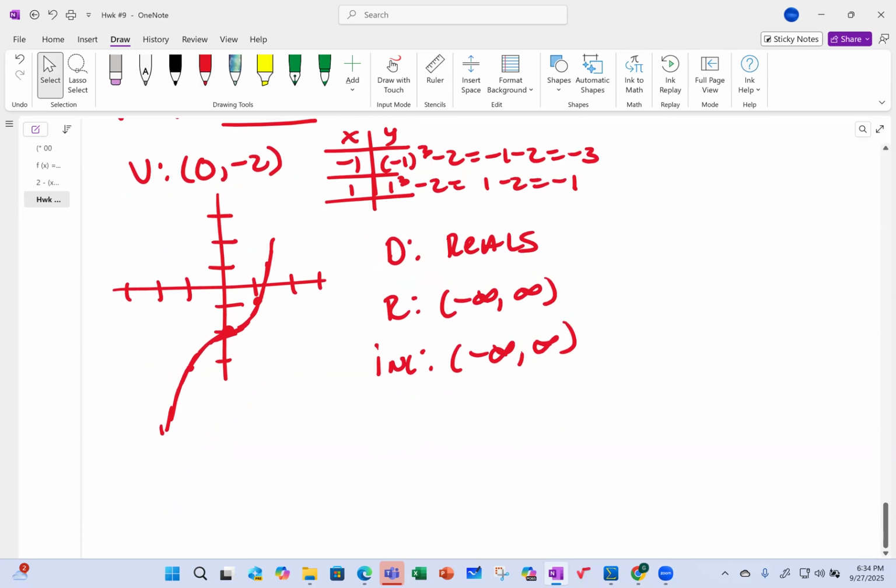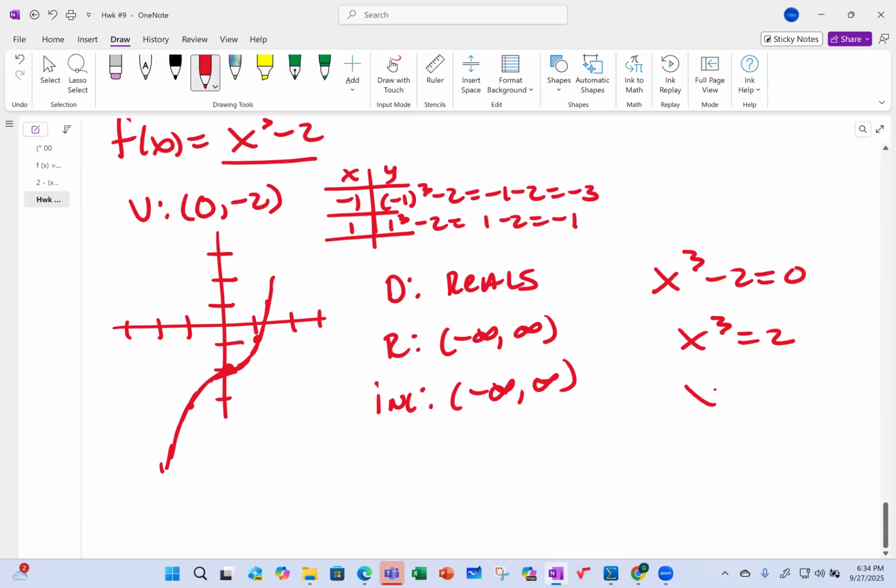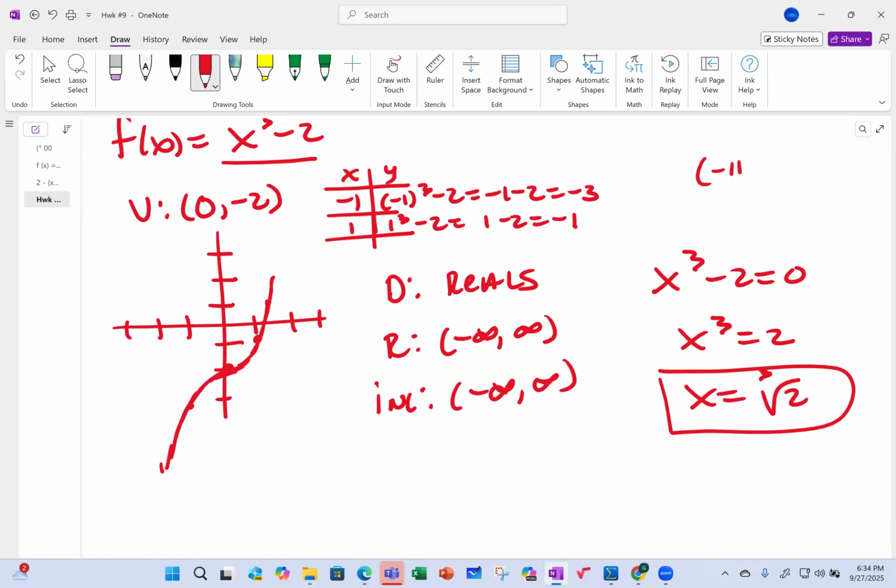And then the zeros, a little different here, not rational. I'm going to set this equal to 0, add 2, and you undo a cube by a cube root, and not plus or minus. It's only those even powers that give plus or minus, because a negative number to an even power equals a positive.